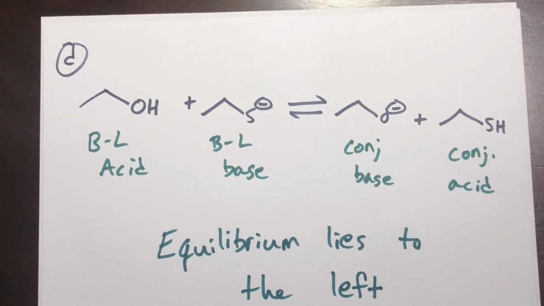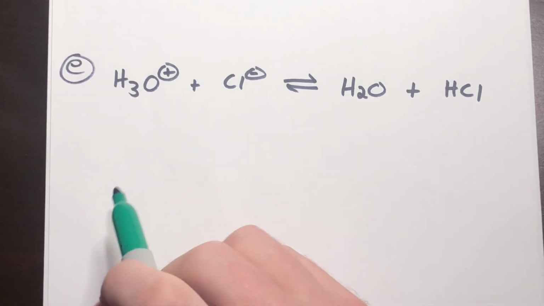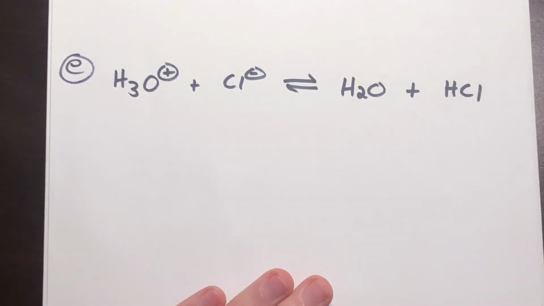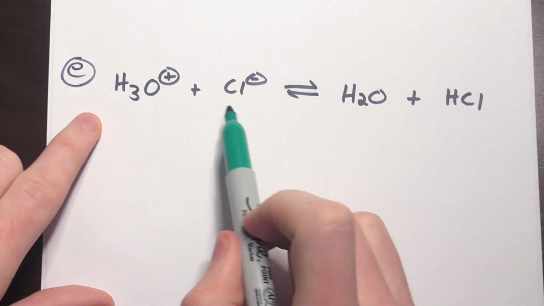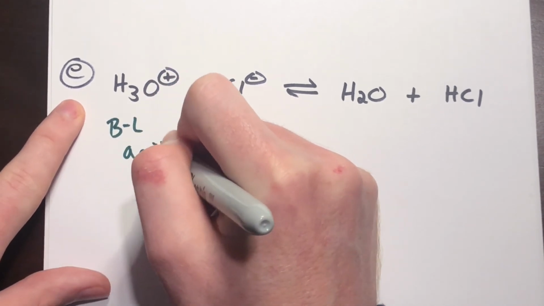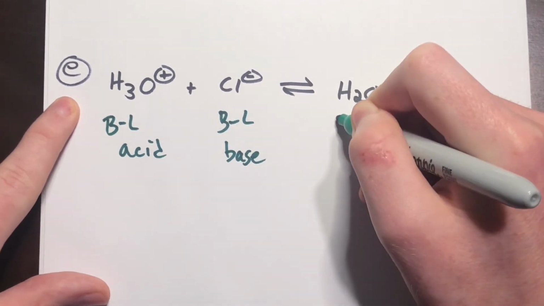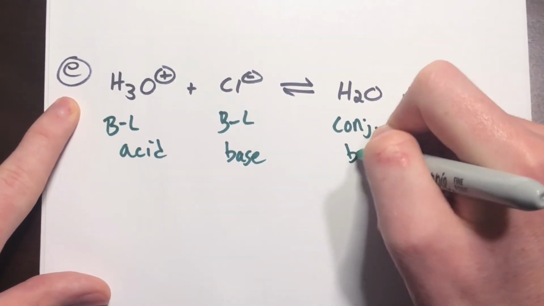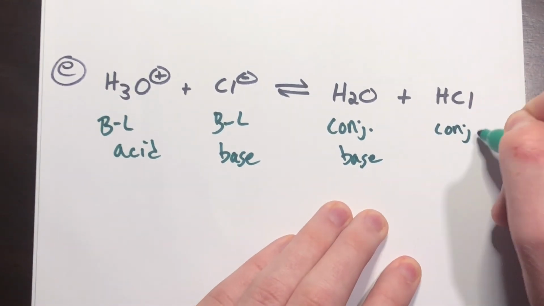Okay, and our last question for the day, our last example here. So again, there's no pKa values that have been given to us, so we have to identify which is functioning as the acid and base. Here we have a proton being donated to this molecule, so this is our Bronsted-Lowry acid. Here is our Bronsted-Lowry base. Therefore, this must be our conjugate base to our Bronsted-Lowry acid, and this must be the conjugate acid.